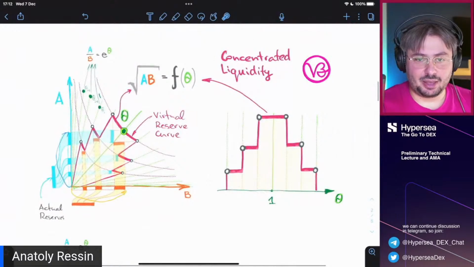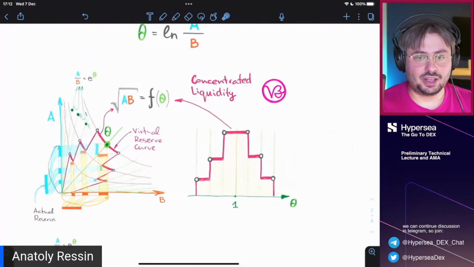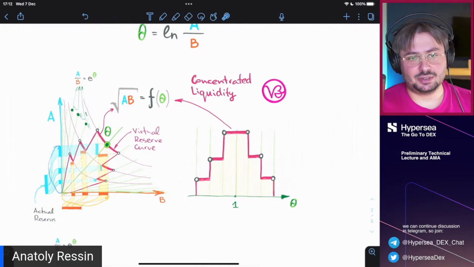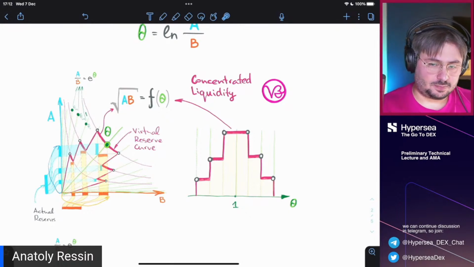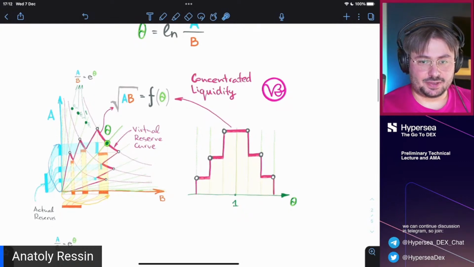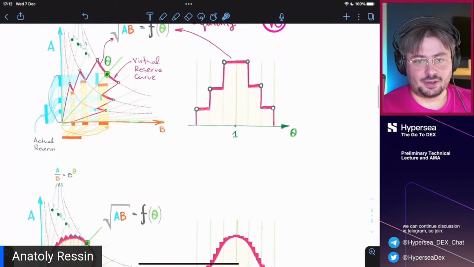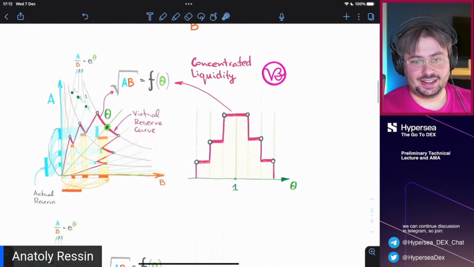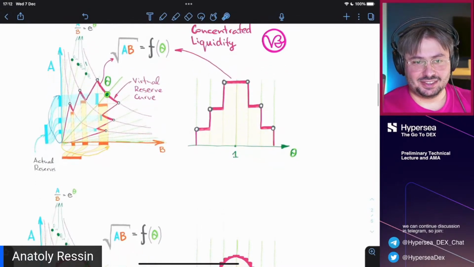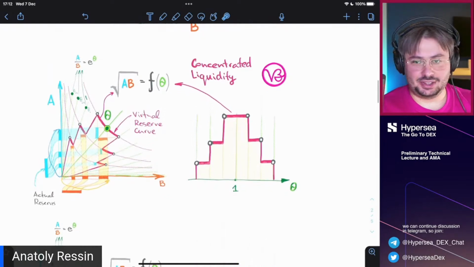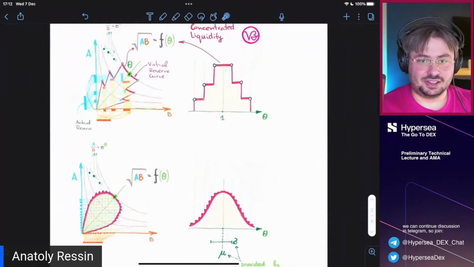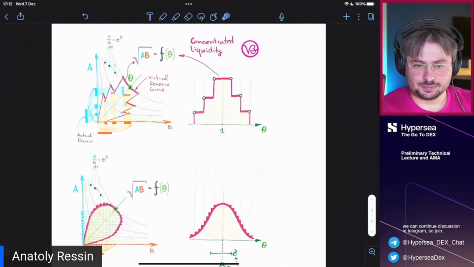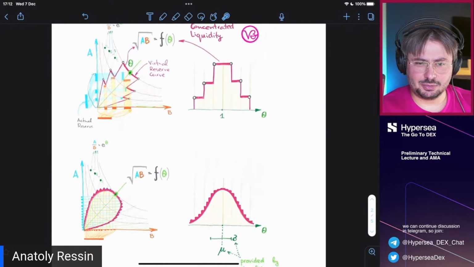And in HyperC, what we actually did, and this is one of our inventions, and a very important invention, firstly, we generalized Uniswap version 3 liquidity to smooth liquidity, and it can be shown here.